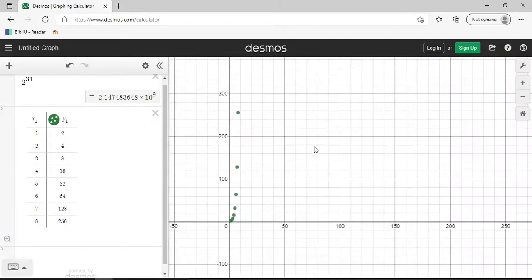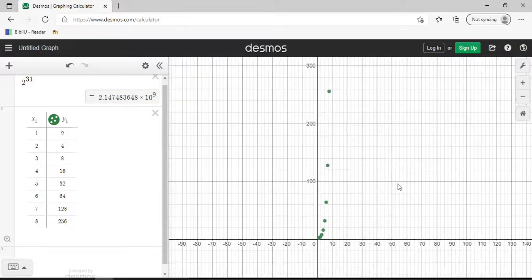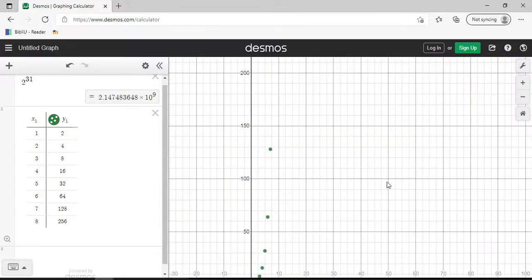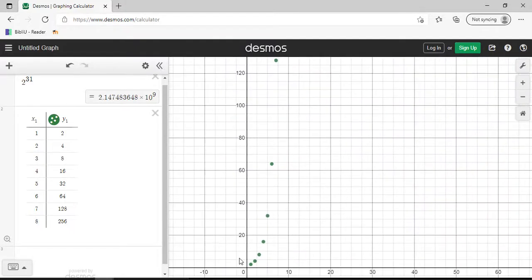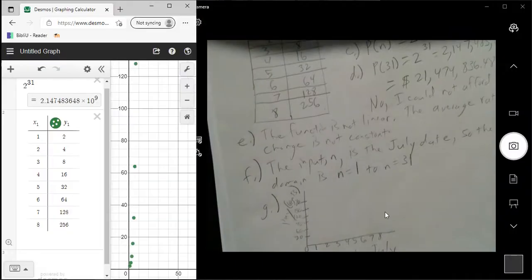All right. It doesn't look that much better, but as you can see, it's going to form this curve here. Does everyone follow that? Okay, and that's basically what you end up drawing on your paper as well.